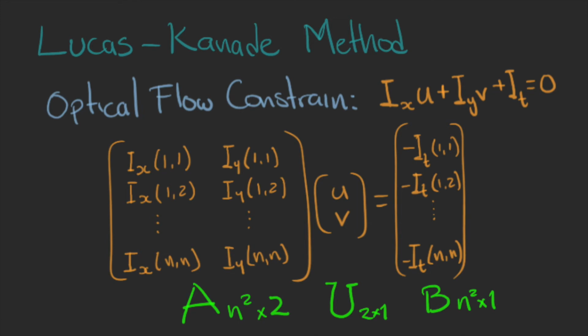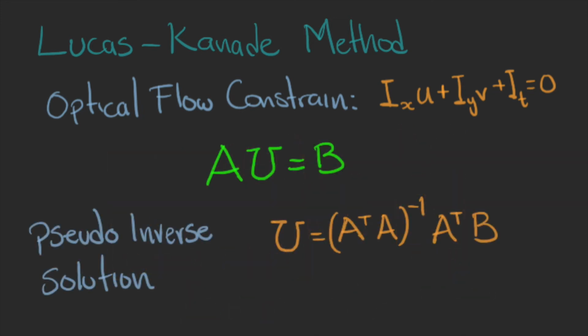Now we can solve this system using least squares, using the pseudo-inverse solution. So we know that U equals (A transpose A) inverse A transpose b. That is simple and fast to calculate. But like every approach, it has its own limitations. The matrix A transpose A needs to be invertible.